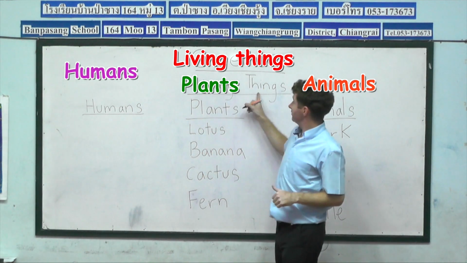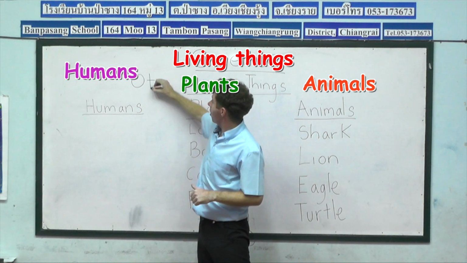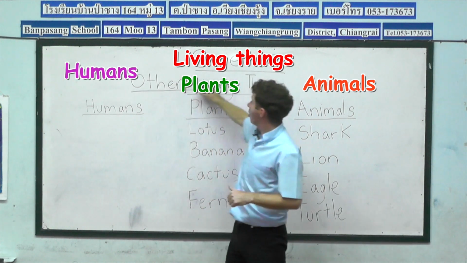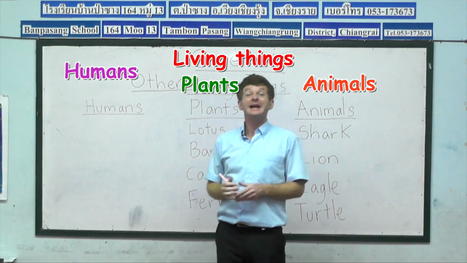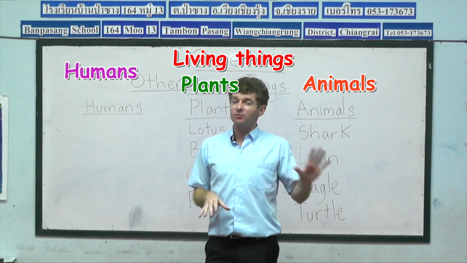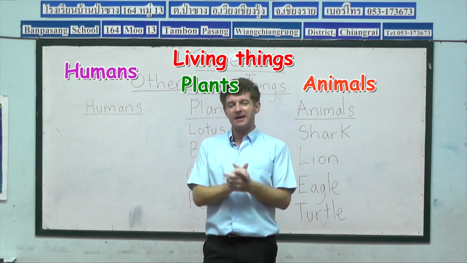So when you see living things here, what we can do is just write the word other, O-T-H-E-R. Other living things. This is the category for some types of living things that look quite strange. They're very hard to classify.